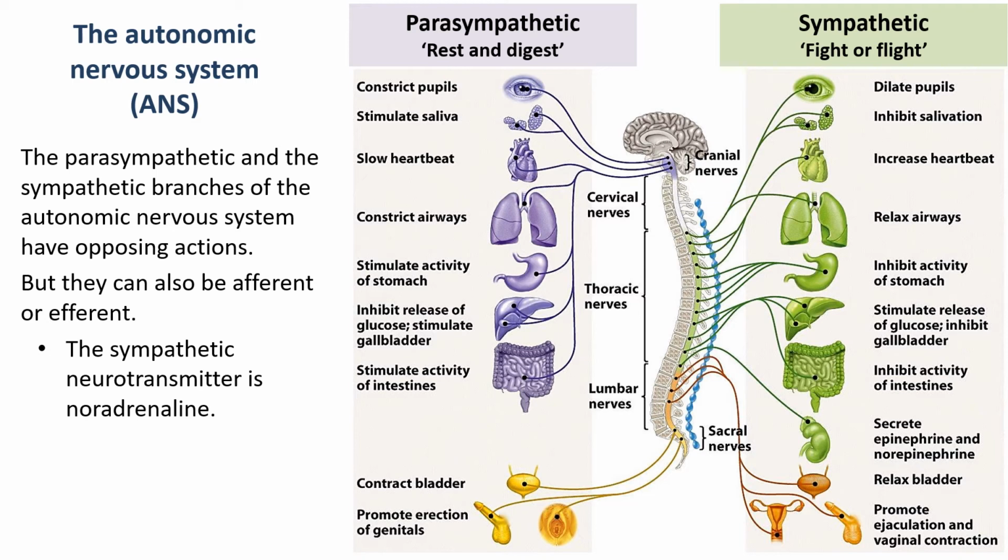And this is partly why, of course, our adrenal medulla tends to release more adrenaline than noradrenaline, because most of our noradrenaline comes from sympathetic neurons.